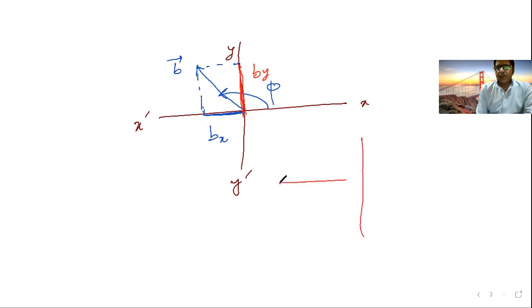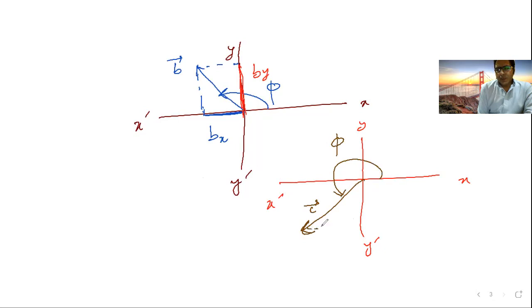I can have a vector, y, y prime, x, x prime. So let it be a vector c which lies in third quadrant. Then this is its angle phi.